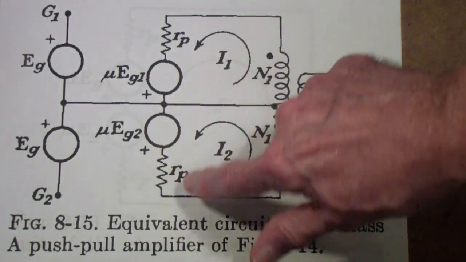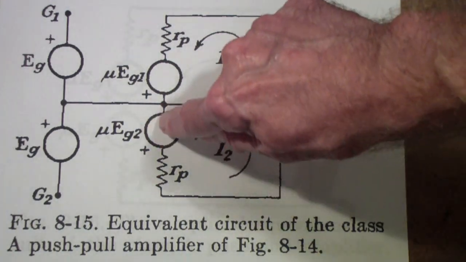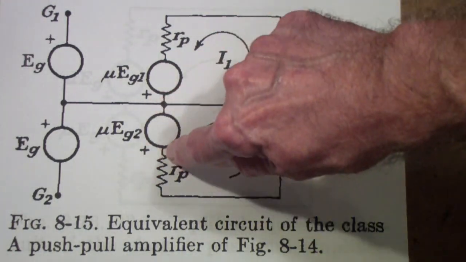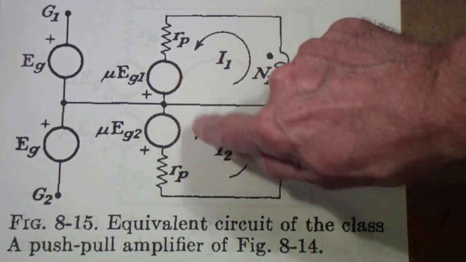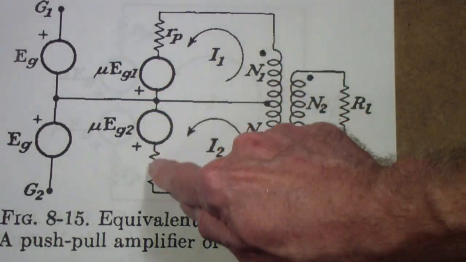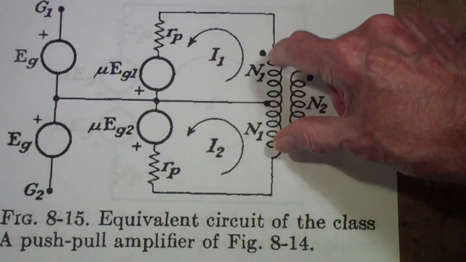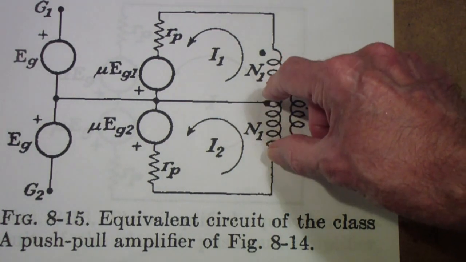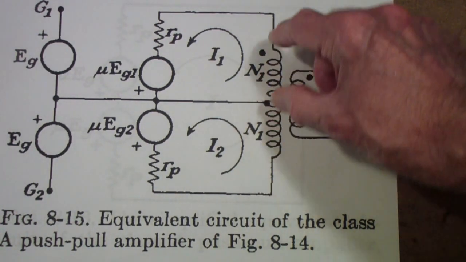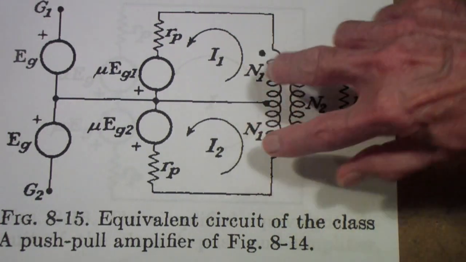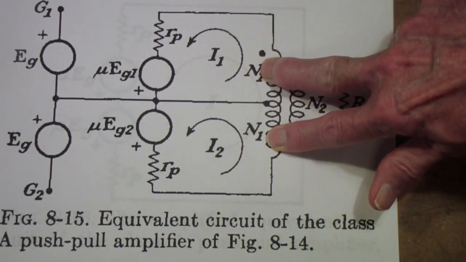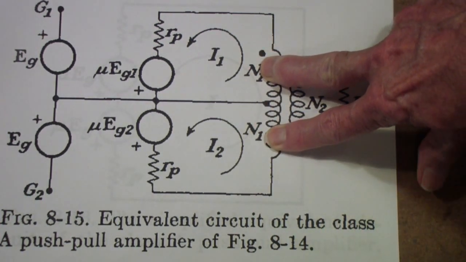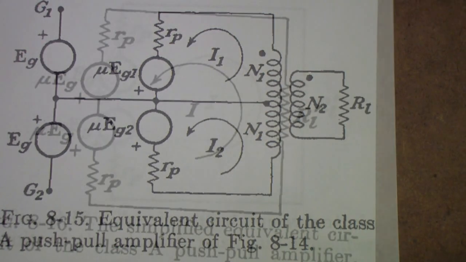Remember that when you're doing these sorts of analyses, these sources are essentially short circuits in terms of impedance. They just produce a voltage, plate resistance, and then you have whatever resistance and impedance there is in each winding, and then the autotransformer action between the two, which causes you to get the 4-to-1 impedance transformation.